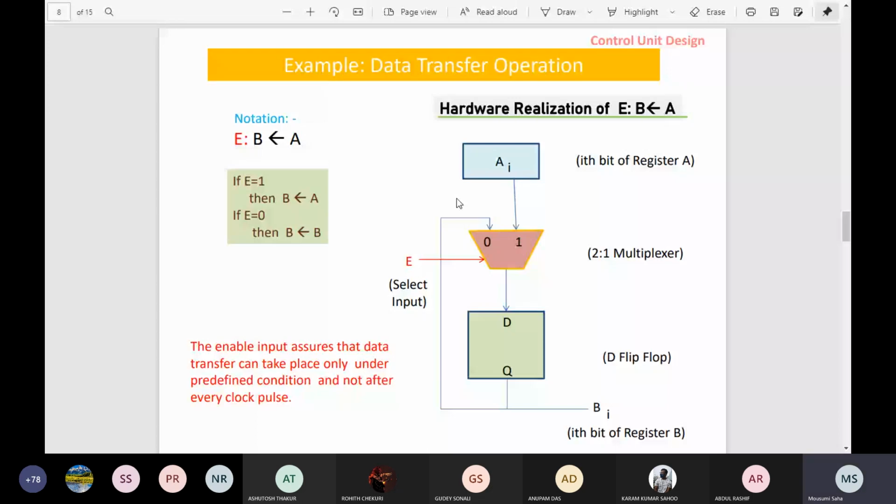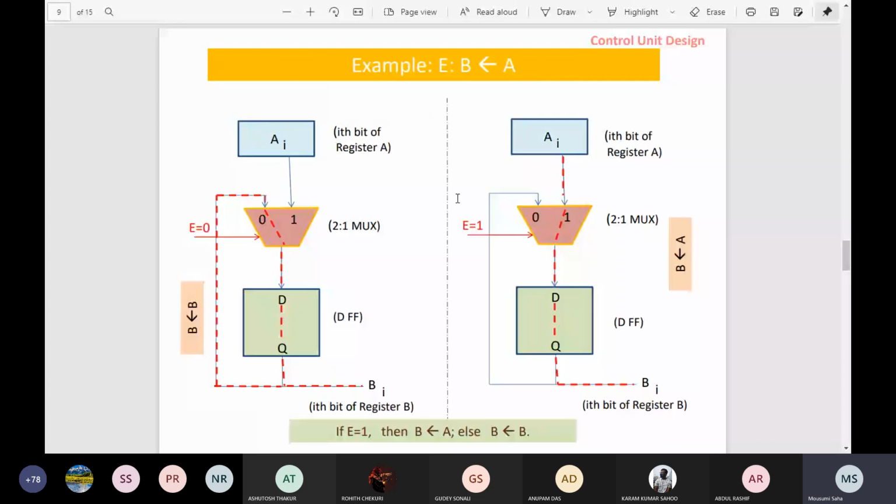Now see that these two diagrams are very simple. When E is 0, the B value will again go to the input of the multiplexer and again come to the D flip-flop. That means B goes to B. Now if E equals 1, what happens? The second input data goes to the input of the D flip-flop.